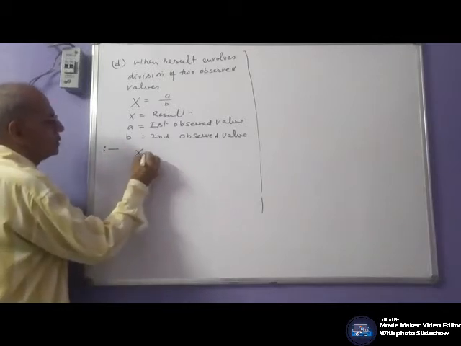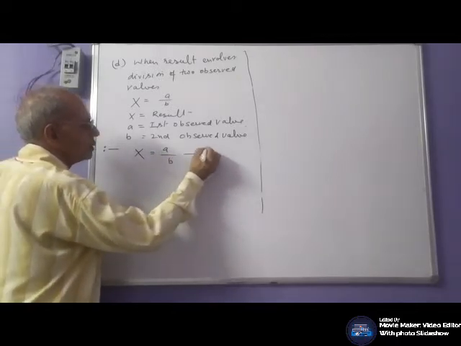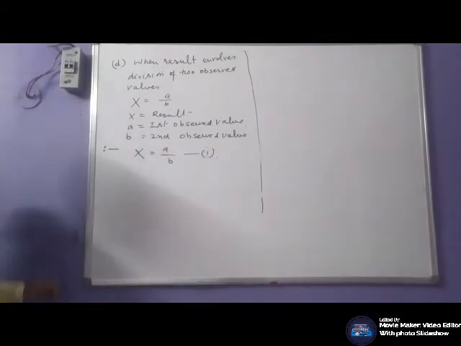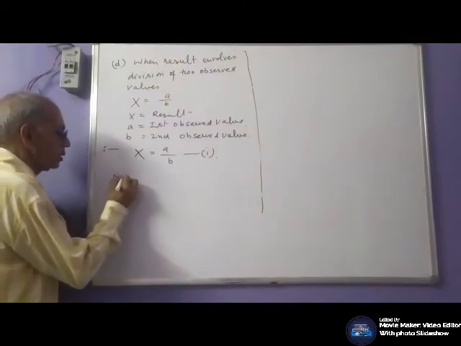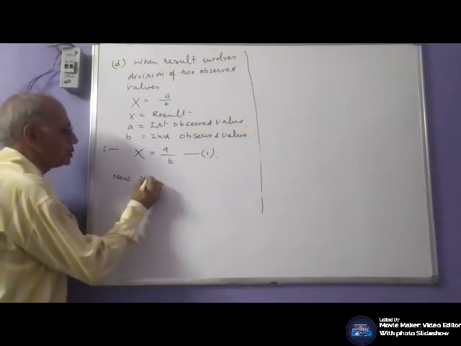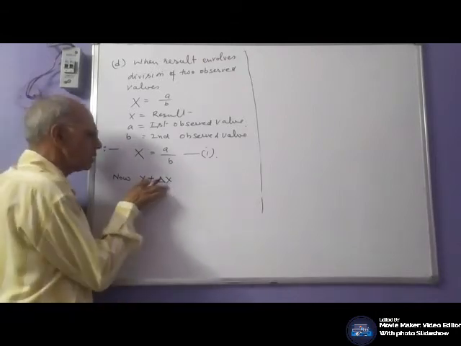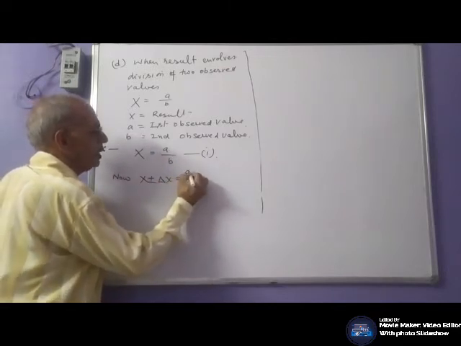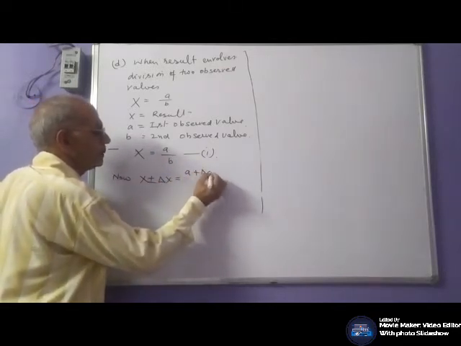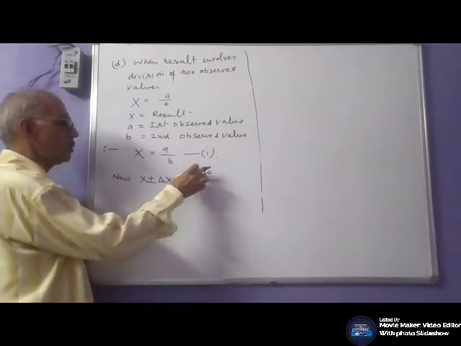X solution: X equals A by B. First, X plus minus delta X. This is the absolute error in result. A plus minus delta A, absolute error in first observed value.